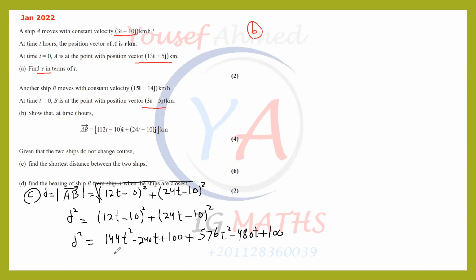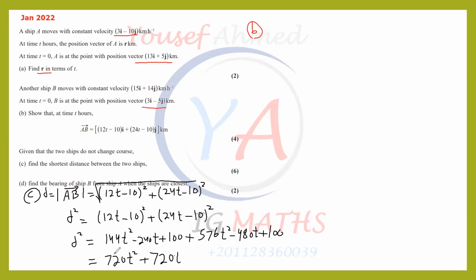Then you can collect the like terms. 576 added to 144 gives 720t squared, and 480 added to 240 gives 720 as well.